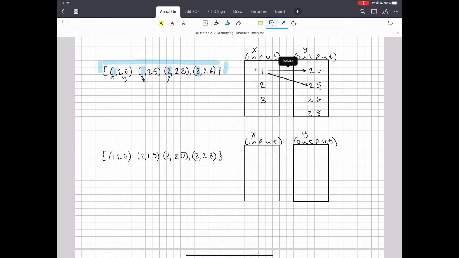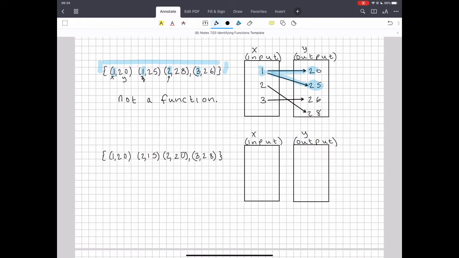So right away, I can tell that this is not a function because the 1 doesn't have one unique output, it has 2. So in this situation, this is a relation, but it's not a function. We should continue mapping it out regardless. So 2 to 28 and 3 to 26. So this example is not a function.